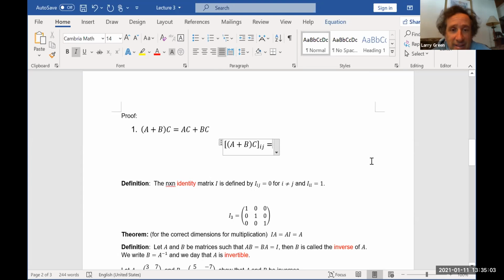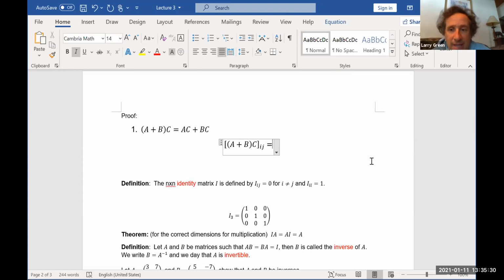But the good news is that we have a definition. What the definition is, you take the ith row of A plus B and you dot it with the jth column of C. And just for notation, I'm going to do it by saying it instead of writing it because it just takes a long time to write. So you would write this if you had to do a full proof. But I'm going to do the notation.